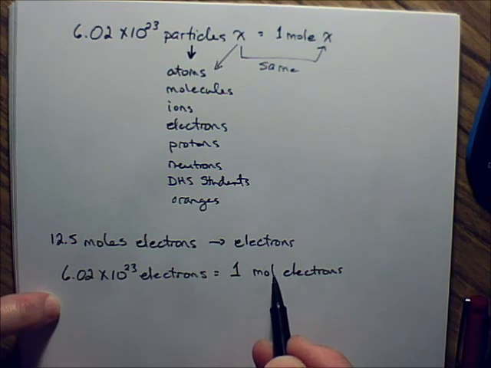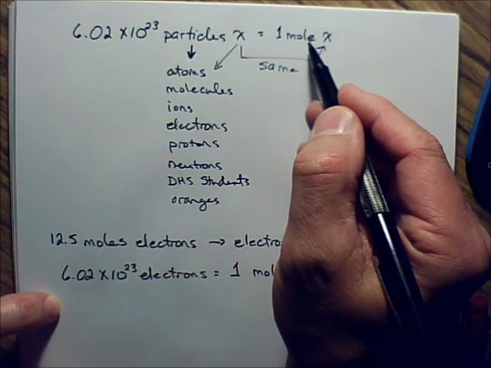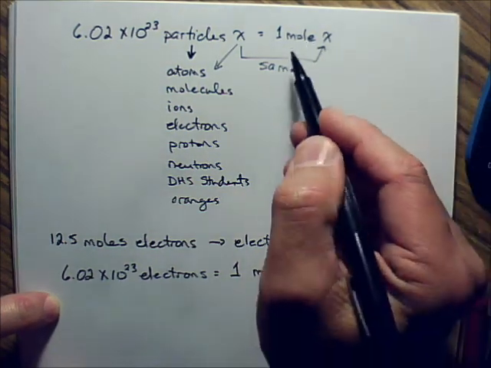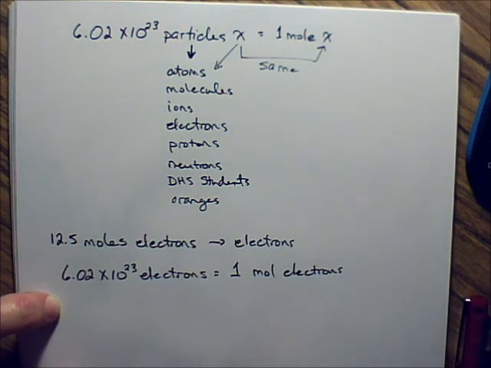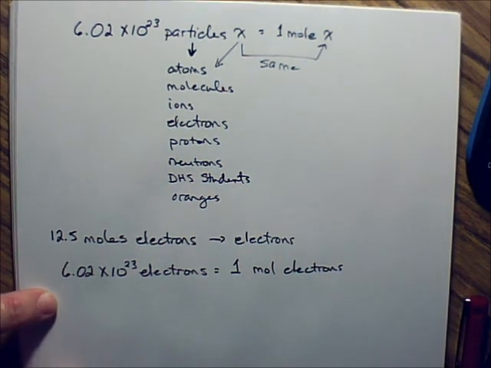Now you may notice I use mol sometimes, or mole. Either one of those is fine. This is an English spelling and this is a Latin spelling. Either one of those is fine.